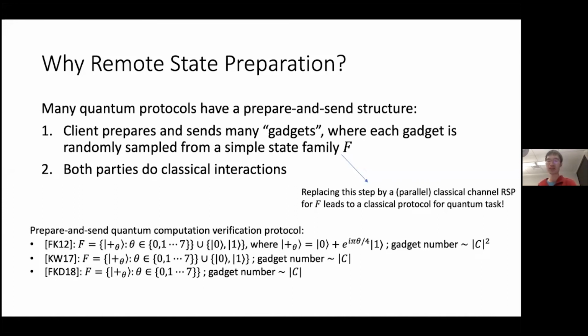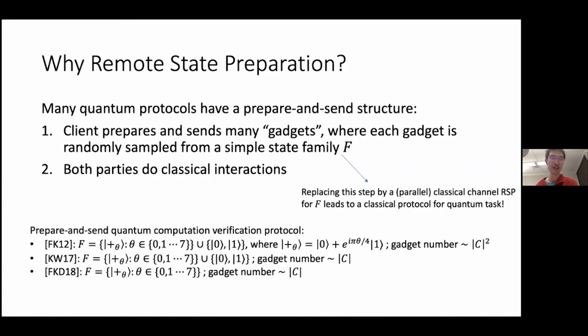But one drawback of this protocol is that the total gadget number required in the protocol scales quadratically with the circuit size, which is a blowup. But later in the KW17 paper, this quadratic blowup is removed, and the authors show quantum computation verification is possible with a linear number of gadgets from this state family.